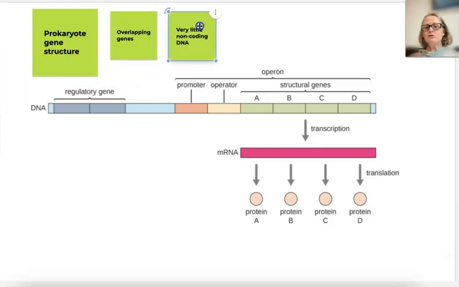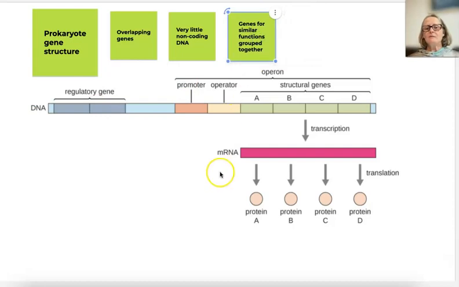There is little or no junk DNA, and junk isn't really the right word for it because it usually would have a function, but in prokaryotic genes there is no or almost no non-coding DNA. So all the DNA has a function, and you actually group similar genes together if they're going to have a similar job.